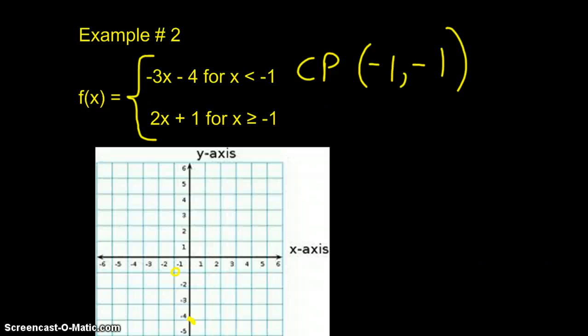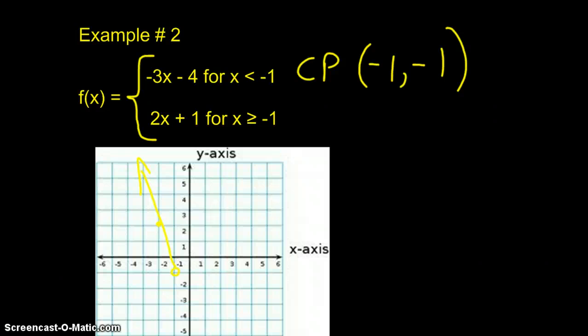So I have to do the exact opposite slope. If I went down 3, right 1, I'm going to go up 3, left 1 to put my next point that's on my line. Then I connect the dots to draw in my line. So that is the first equation there. F of x equals negative 3x minus 4 for x is less than negative 1.